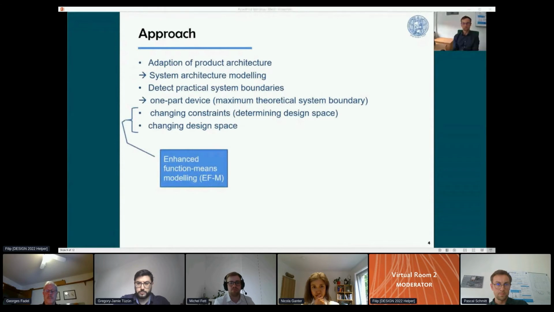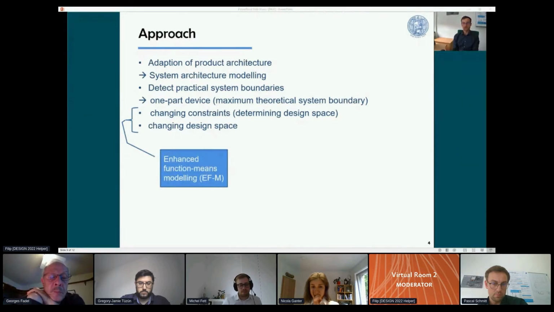The student chose a method called enhanced function means modeling, EFM, instead of other methods of function modeling, for example, the IFM. He argued this decision with existing preliminary work in which the EFM was explicitly proposed for application in the field of AM. In this method, dependencies of design solutions and manufacturing constraints are described.